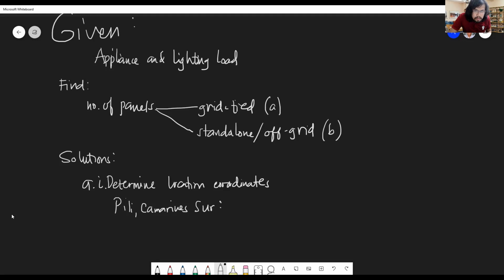This is 13 degrees, 34 minutes and 51.9 seconds in latitude, and in longitude 123 degrees, 15 minutes, 46.39 seconds.